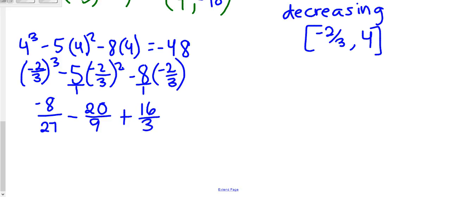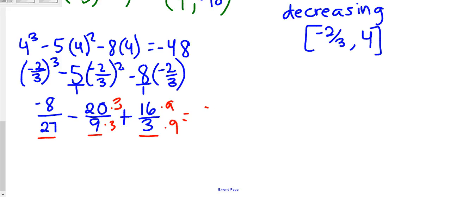16/3. We need these to have common denominators. So this is a review of just regular algebra, okay? So we do need these numbers to be the same to add them up. 27, all these numbers go into 27, so I need to multiply the top and bottom of this by 3, the top and bottom of this by 9.